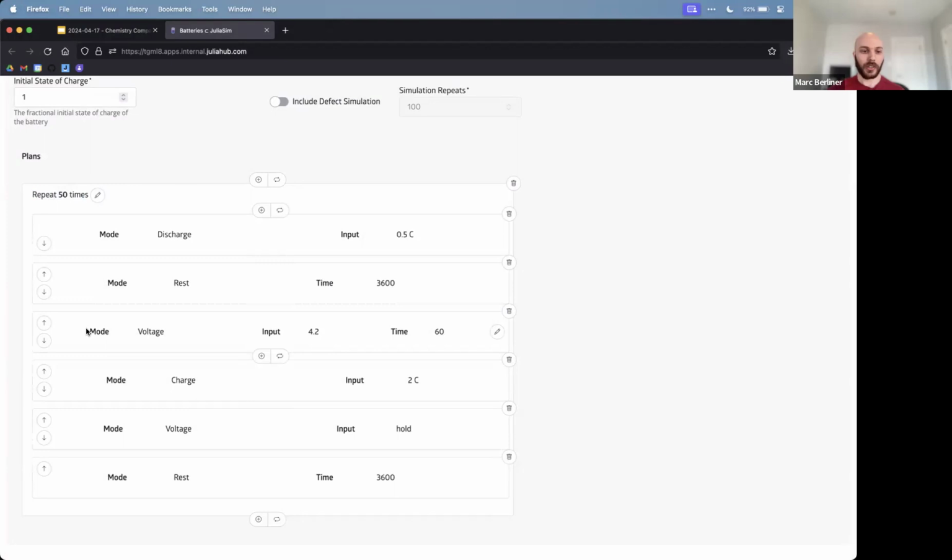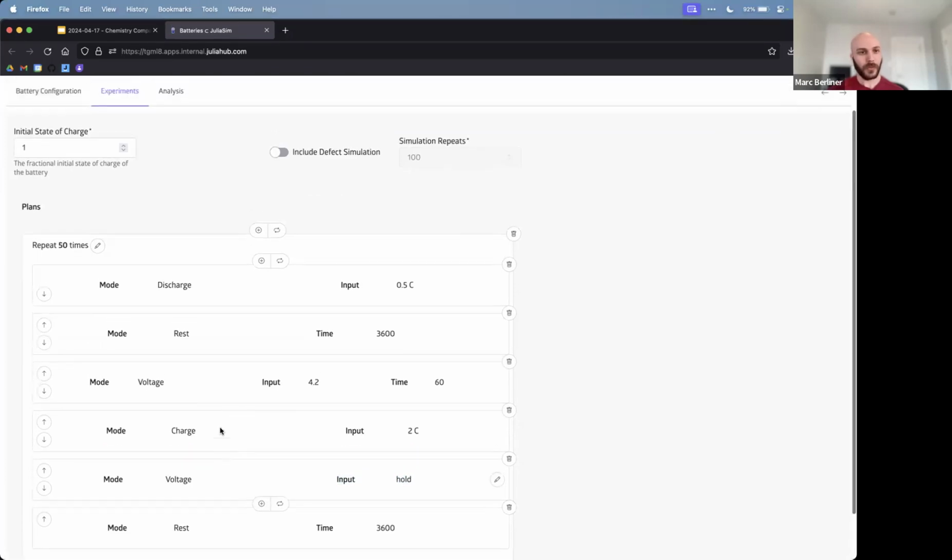What boost charging is, instead of the conventional CC/CV charge that is very common in lithium-ion batteries, we start with a very short 60-second voltage impulse starting at the maximum voltage. So we specify this voltage profile of 4.2 volts for 60 seconds. We follow it up with a 2C charge, and then we end it with a voltage hold until we reach some minimum current.